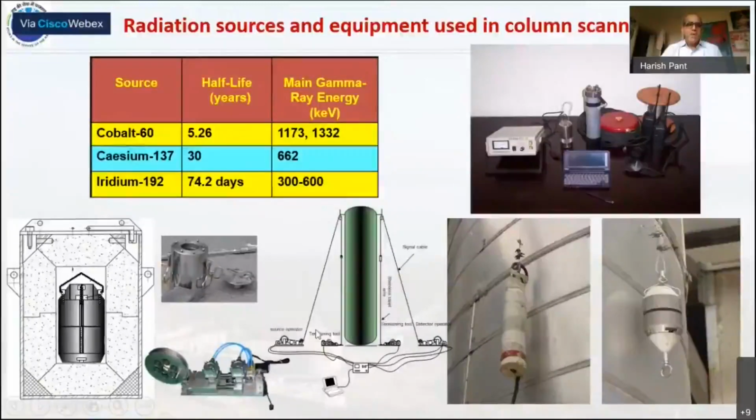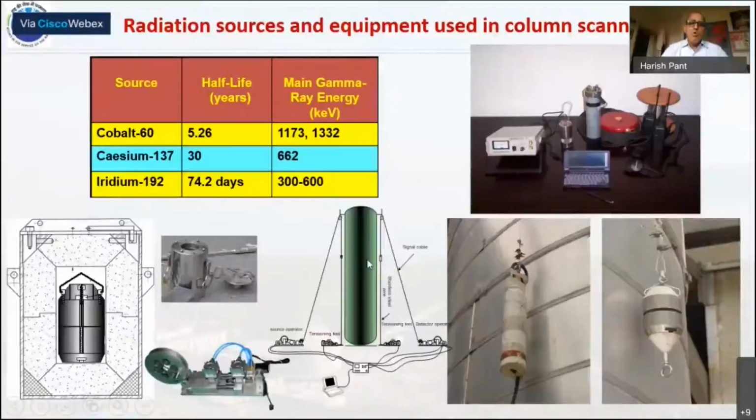And this transport container is generally used for transporting this cobalt 60 to the site, and then it is used. And nowadays, actually, a few years back, we used to do column scanning manually, but nowadays there are automatic column scanners, which means they are all motorized systems. You just fix the source and detector in one plane, diametrically opposite to the column, and then simply switch on the motor.